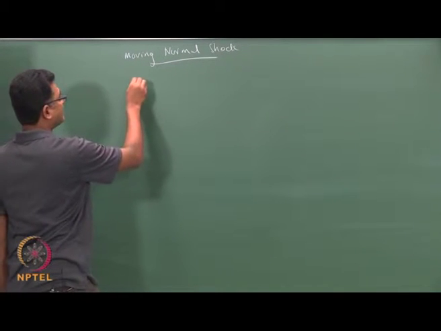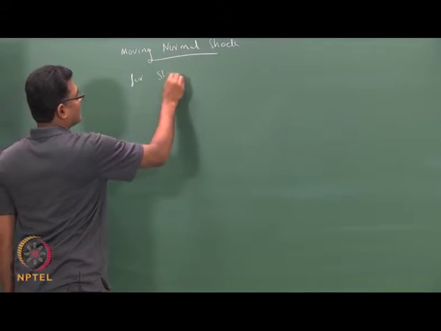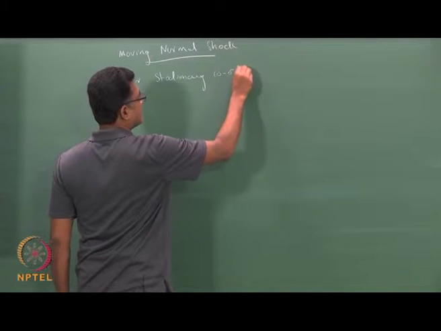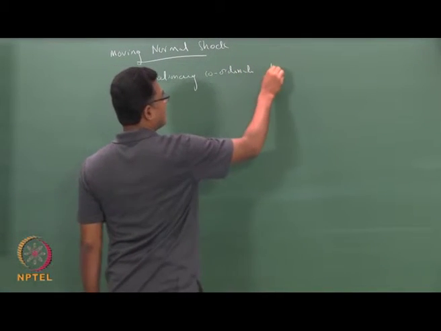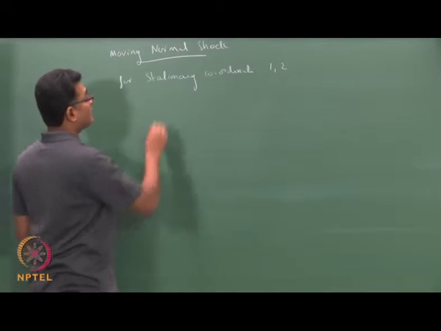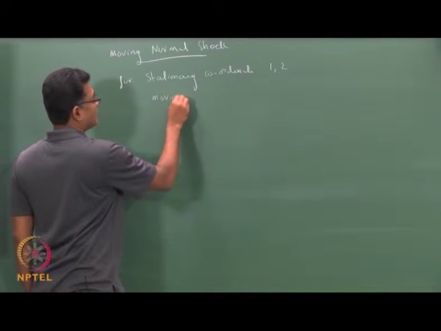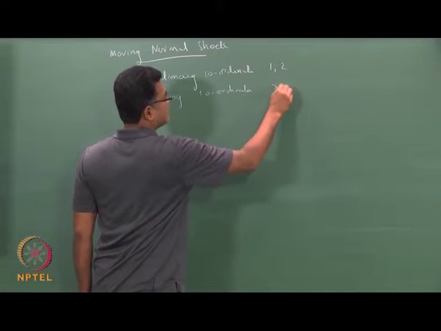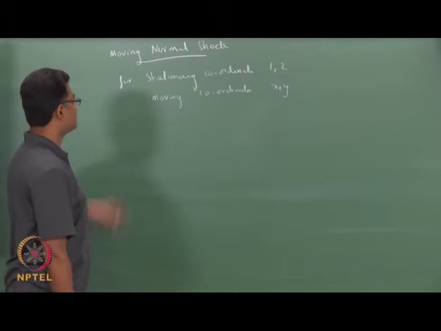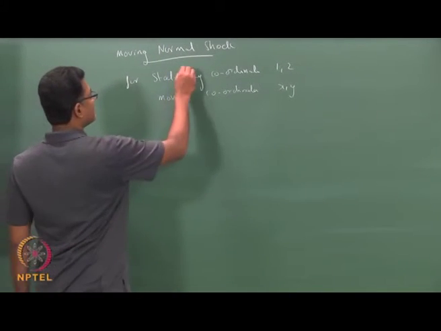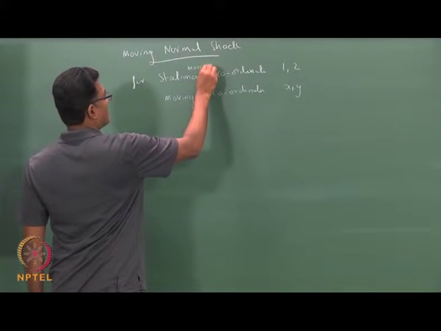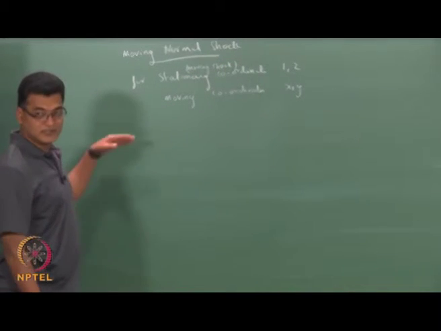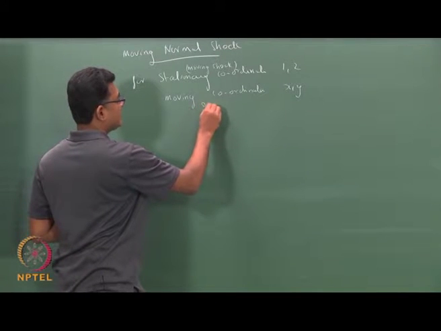So the notations are for stationary coordinates, we have used 1 and 2, correct, and for moving coordinates it's x and y before and after the shock. Stationary coordinates means it's also your moving shock, okay, and if I travel along with the shock, that is a moving coordinates and that is a stationary shock.